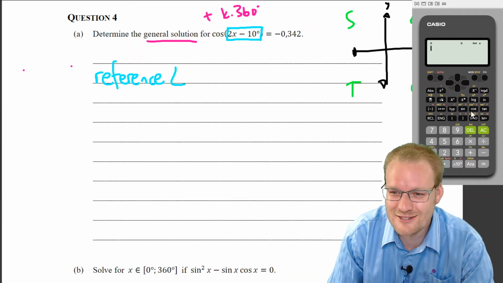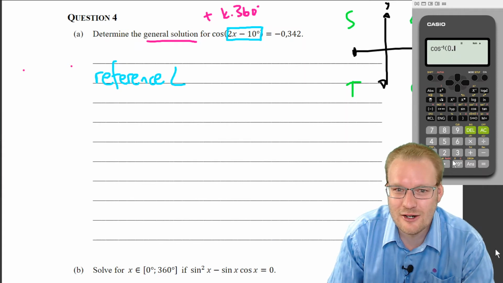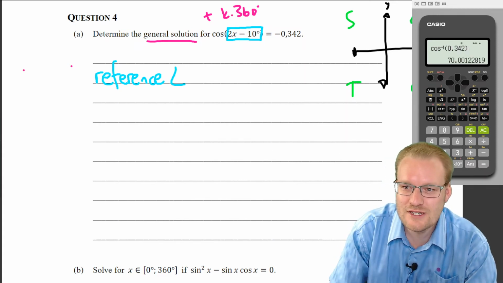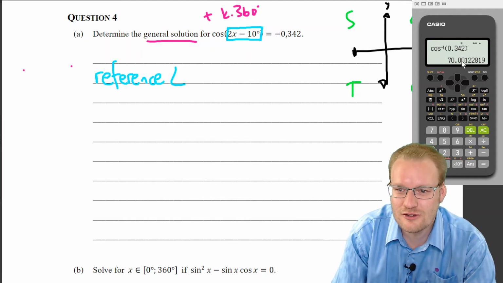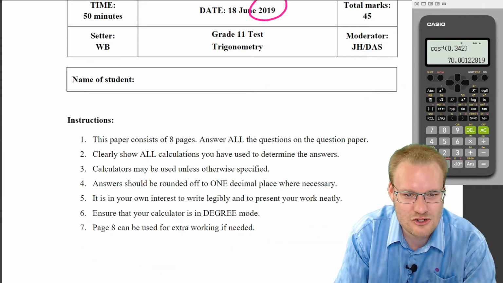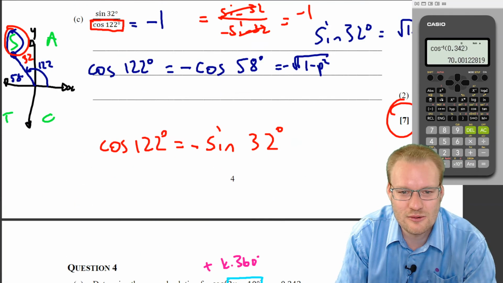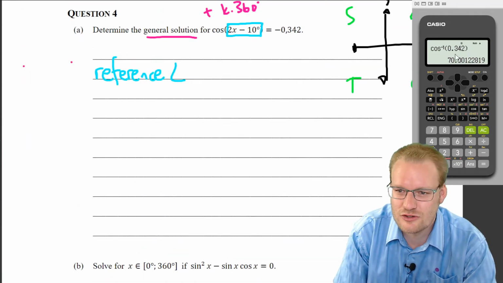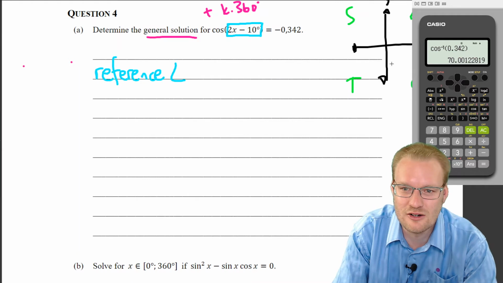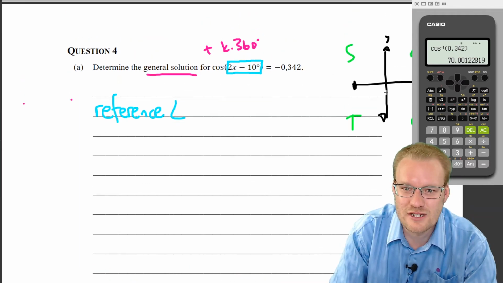Shift cos of 0,342. Okay, 70, and that's convenient that we're going to round this off to 70 degrees. I can't remember what it said at the front of the test paper. I guess we should check. Answers should be to 1 decimal place. Okay, so 1 decimal place means that we should, strictly speaking, say 70,0. But I'm just going to say 70.